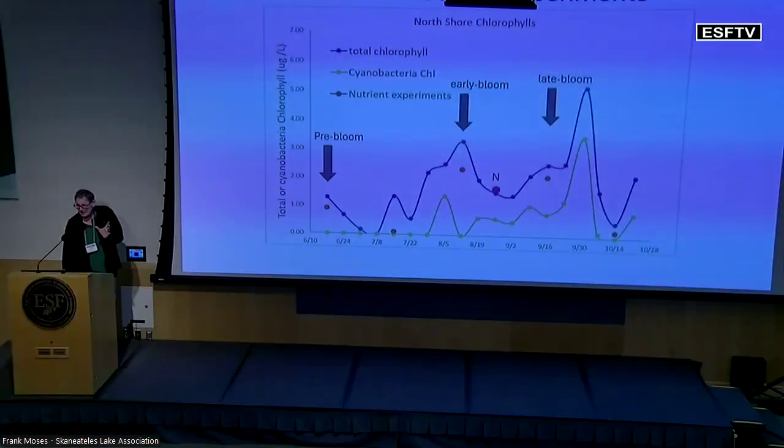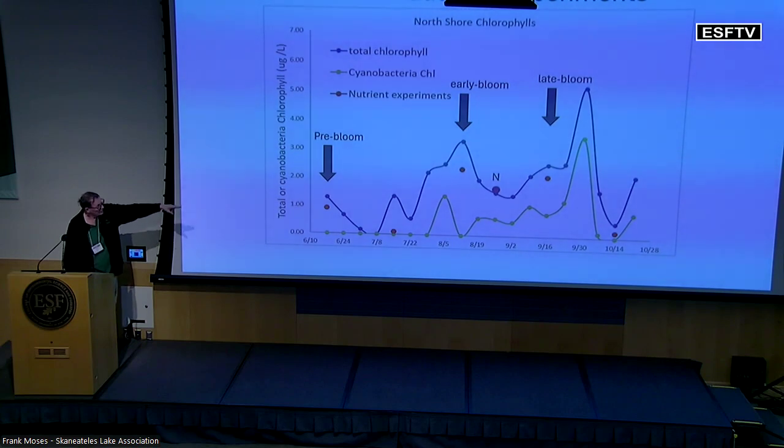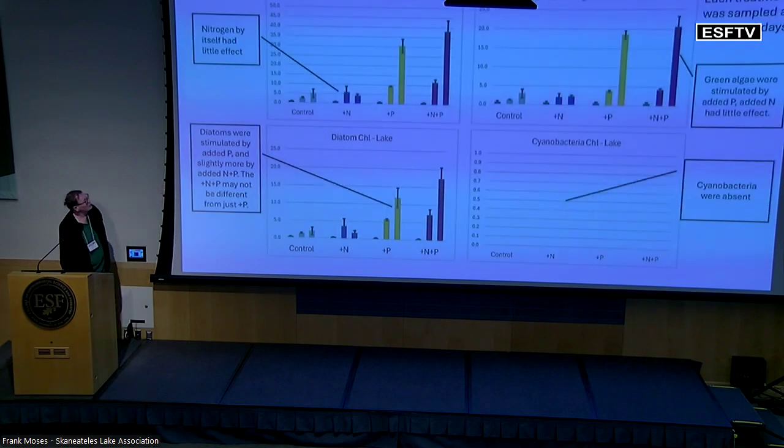They're not exactly the same site, but you can see in most cases they agree pretty well. And the position of the orange dot is actually the total chlorophyll in the control sample when we started the experiment, right? So I'm only going to show you results from 3, a pre-bloom experiment, an early bloom experiment, and a late bloom experiment.